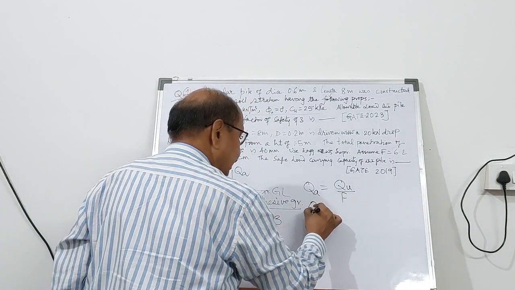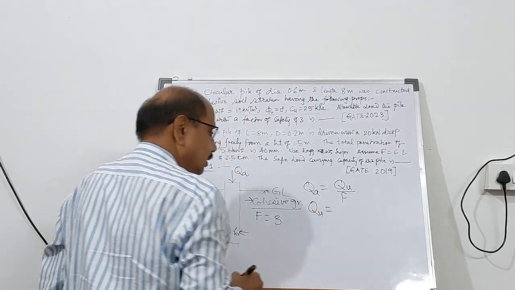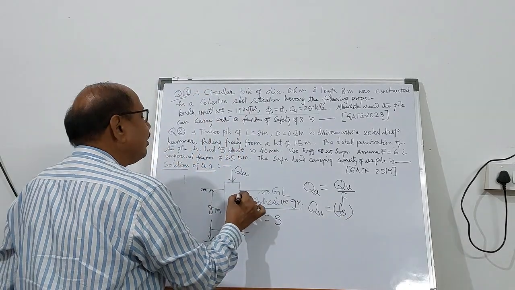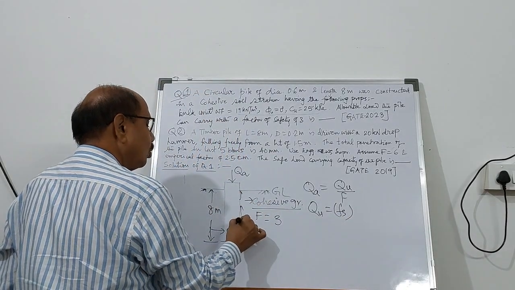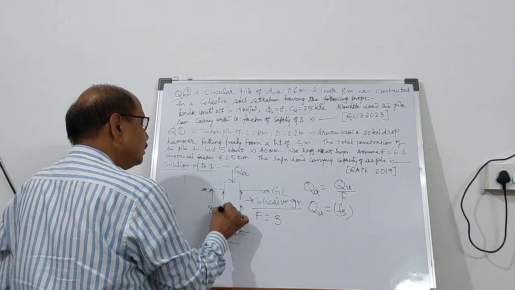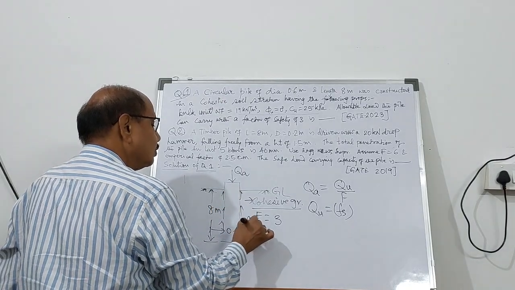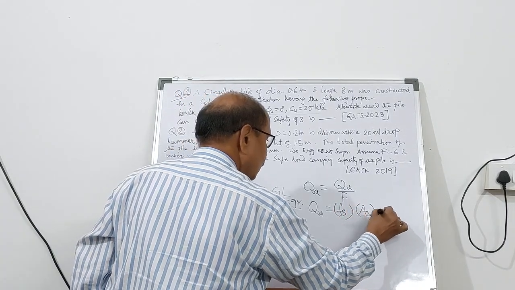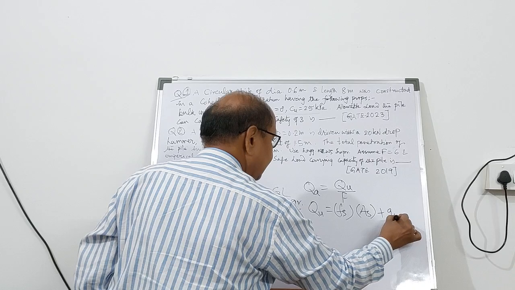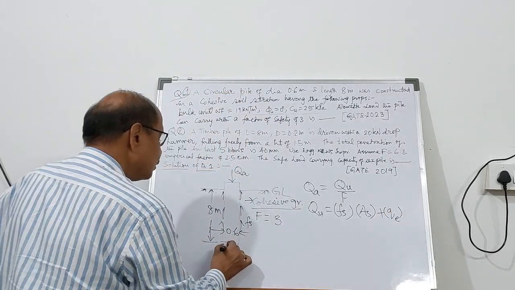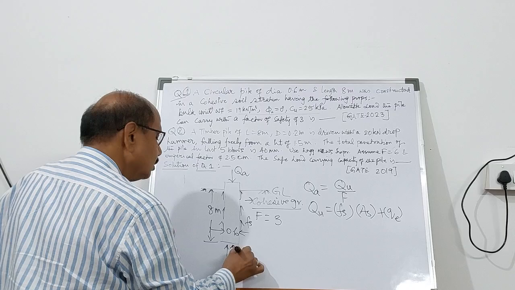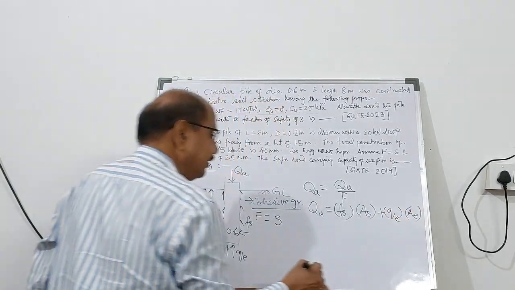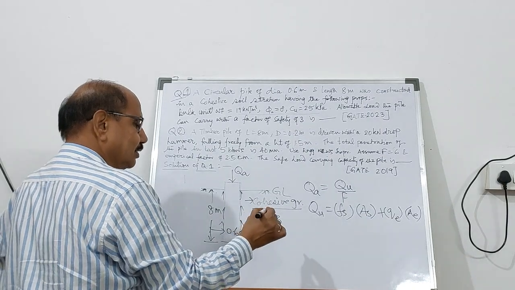And the ultimate load carrying capacity of this pile is given as the unit skin friction that is going to develop along the pile shaft, called Fs, into the shaft area, plus the unit end bearing resistance into the area of the pile at its end or at its tip.